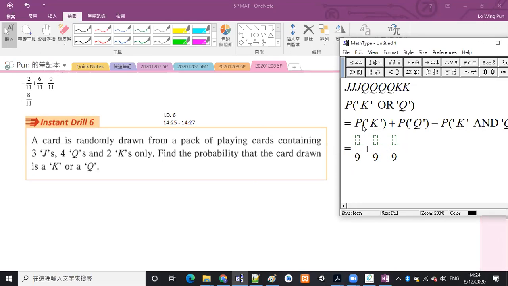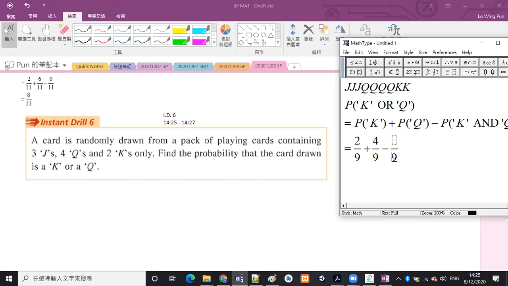For the first fraction, if we want to find the probability of selecting a king, I want the selected card to be a king. How many of the 9 outcomes satisfy this requirement? Being a king will be just 2. And a queen will be 4. How many cards are at the same time a king and a queen?